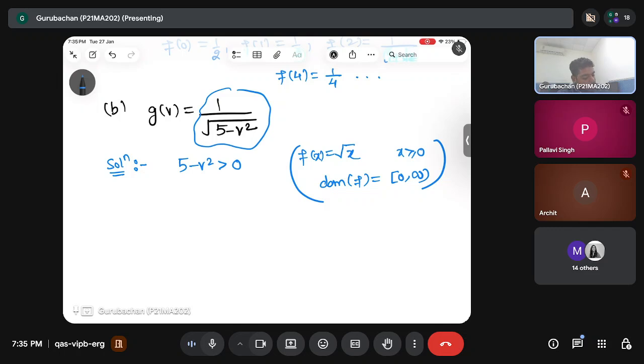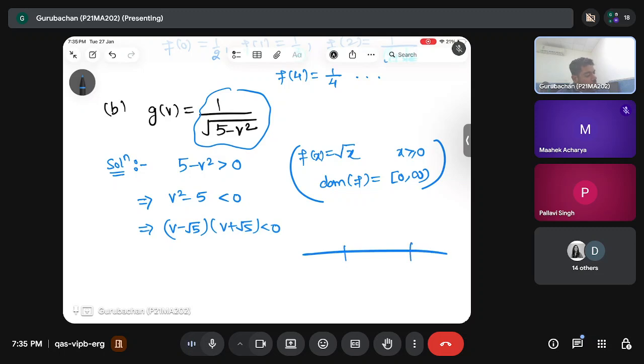Take the minus sign common. v square minus 5 will be negative. Any problem? Is it clear to everybody what I have done here? Yes, sir. a square minus b square: v minus under root 5, v plus under root 5.